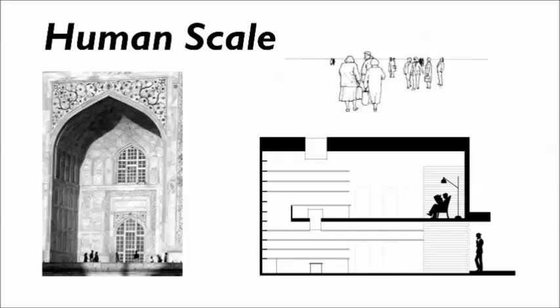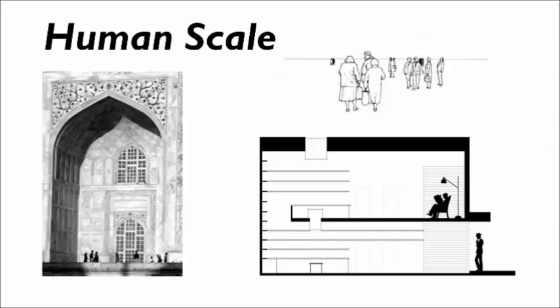Now, the section cut on the right is much more scaled to the size of an actual human. And so when we look at this, you can start to understand what it would be like sitting in that chair on the second floor and reading the newspaper with that lamp overhead.